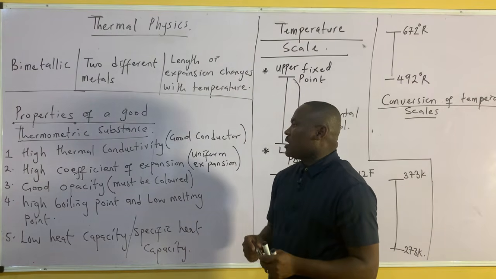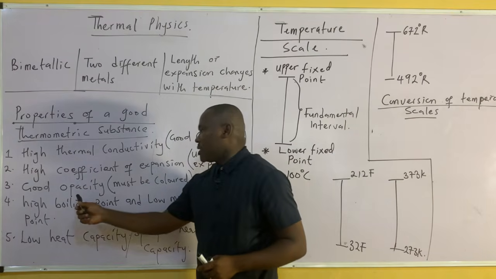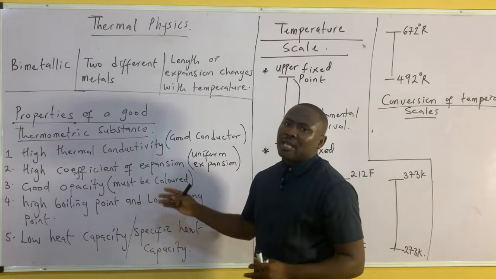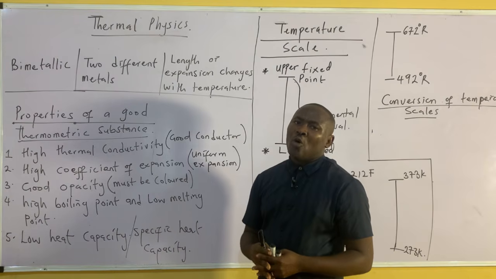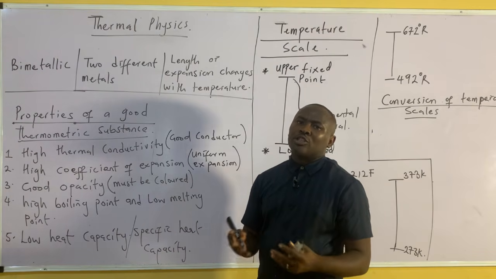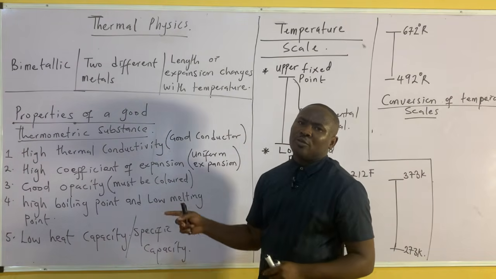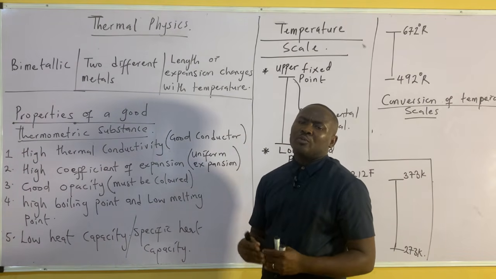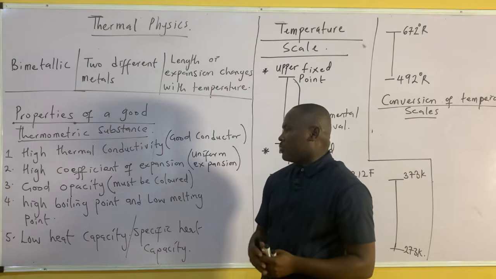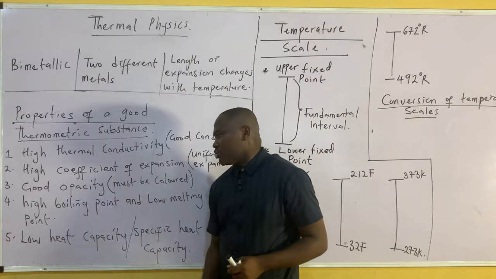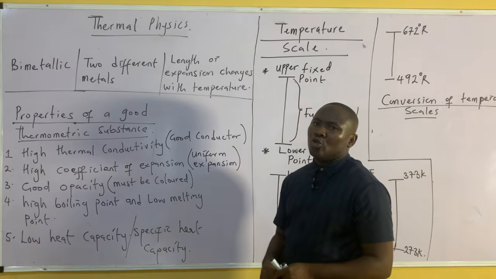It's very important. Now we have another one, good opacity. That means it's a colored liquid or something that is not transparent. Then we have another one, high boiling point. In order for it to measure a temperature of a high boiling point, it must have a high boiling point also, and also a low melting point.